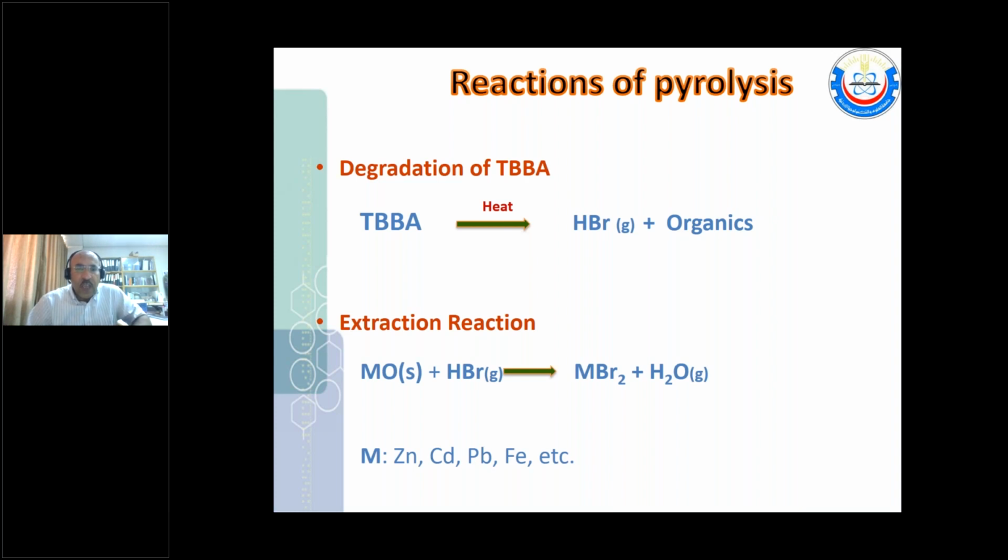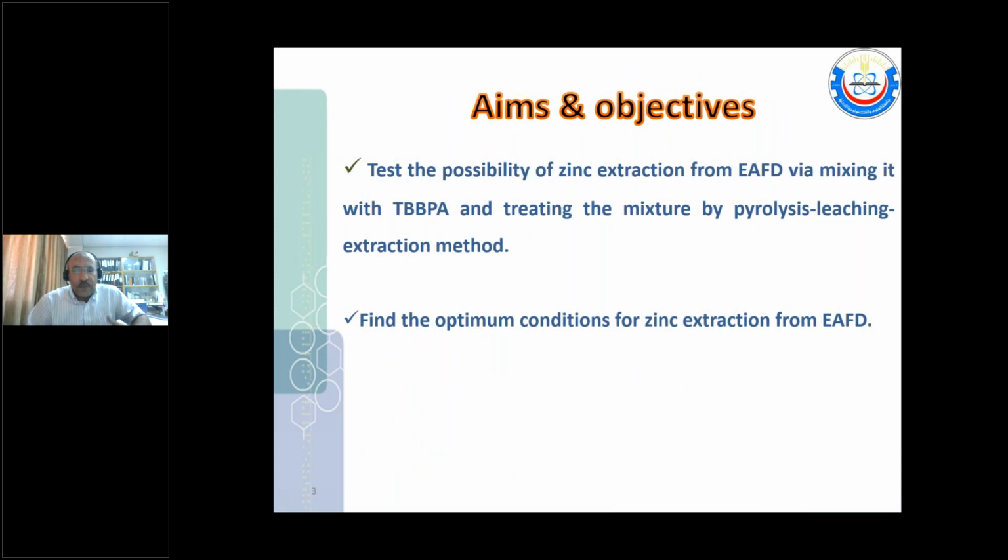So the way to minimize HBr release is to add catalysts like metal oxides. In this case, you will form metal bromides. Like zinc oxide, we add cadmium oxide, lead oxide. These, fortunately, are the main components of electric arc furnace dusts. So the aim here is to combine these two together and do pyrolysis.